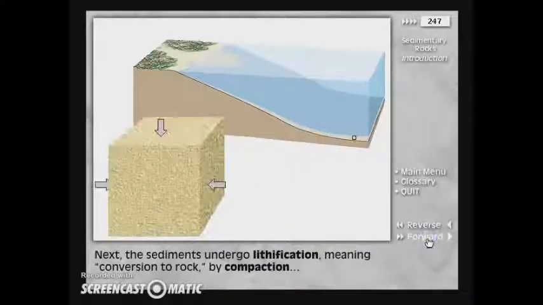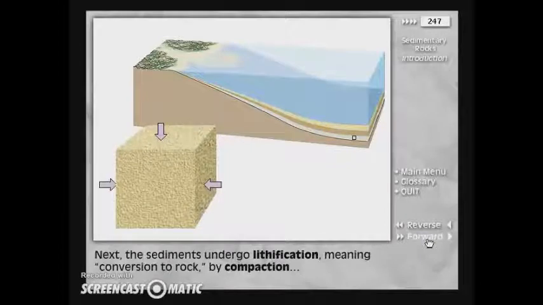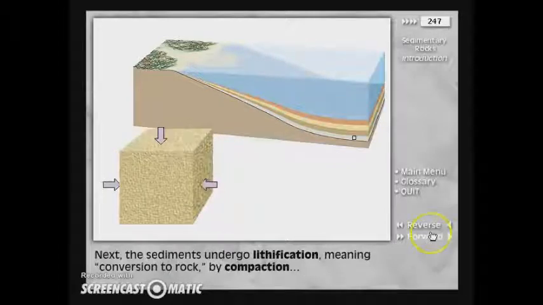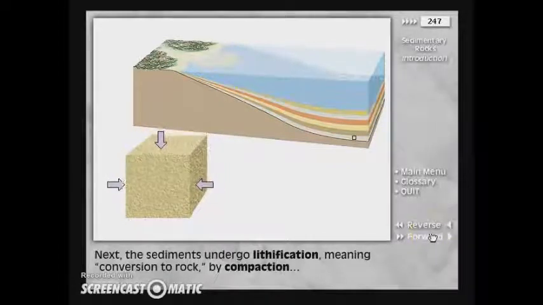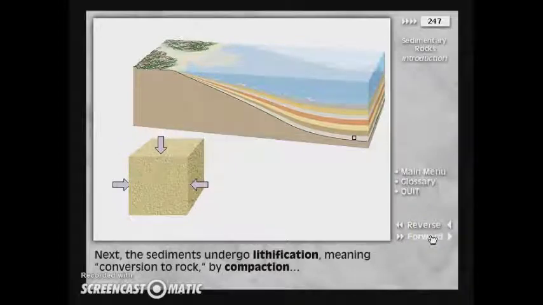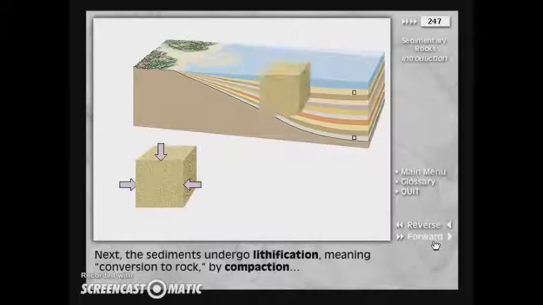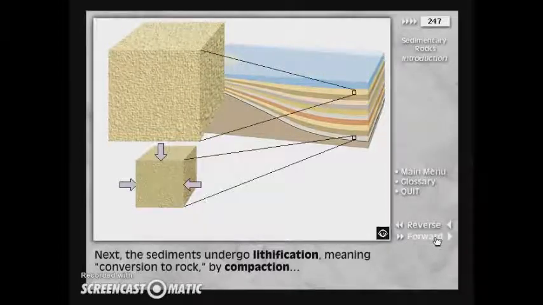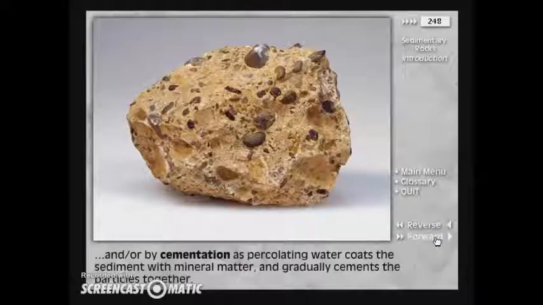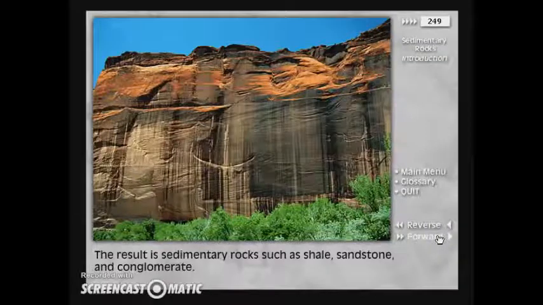Next, the sediments undergo lithification, meaning conversion to rock, by compaction, and/or by cementation, as percolating water coats the sediment with mineral matter and gradually cements the particles together. The result is sedimentary rocks, such as shale, sandstone, and conglomerate.